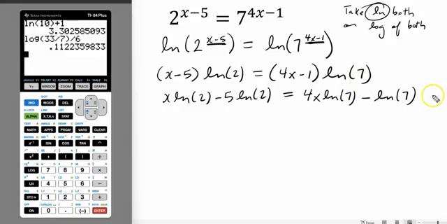Now the goal is to solve this. So the goal is to find x. And so we want to get any term that has an x with it on the left-hand side. LHS is left-hand side. And anything without, so all other terms, we want to get on the right-hand side.